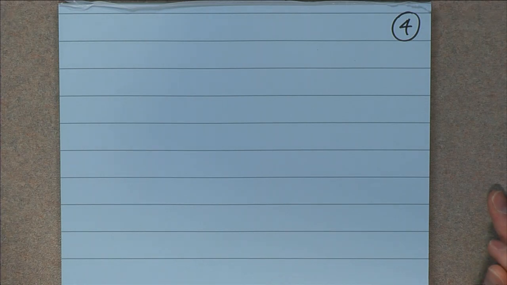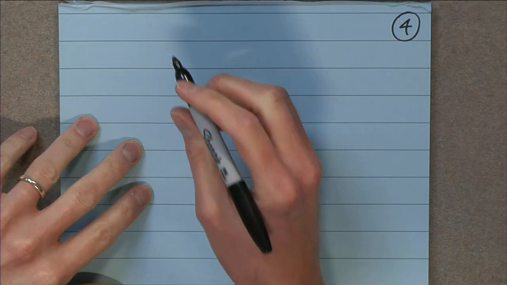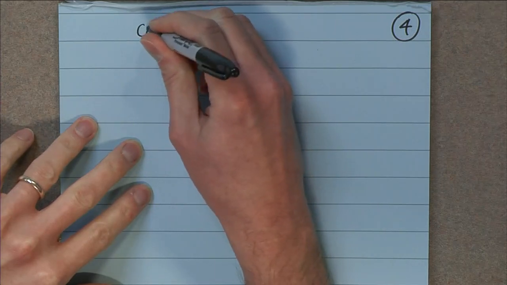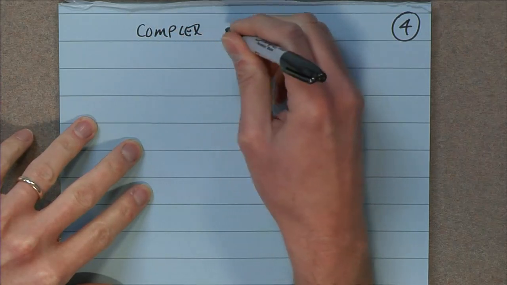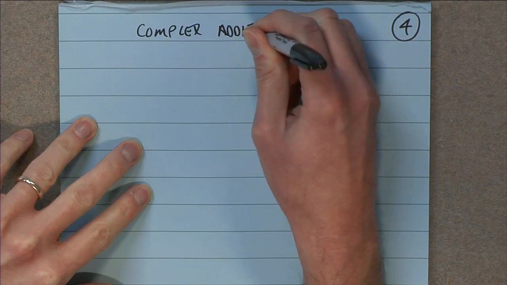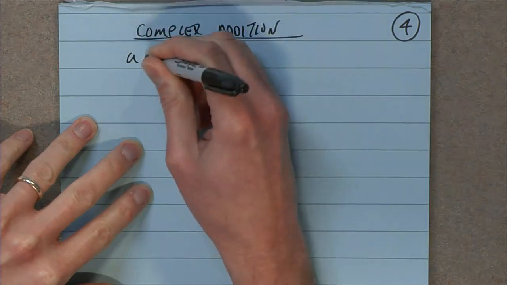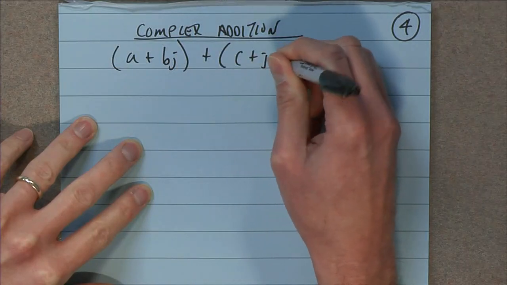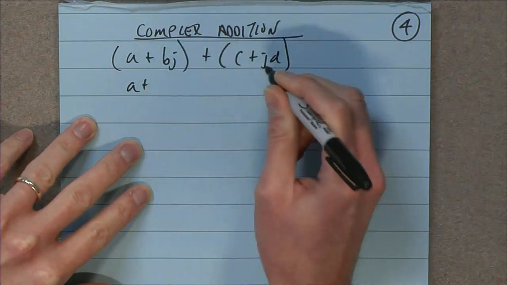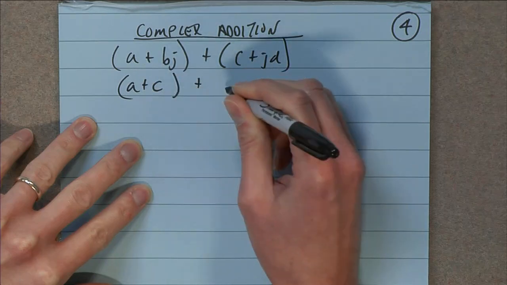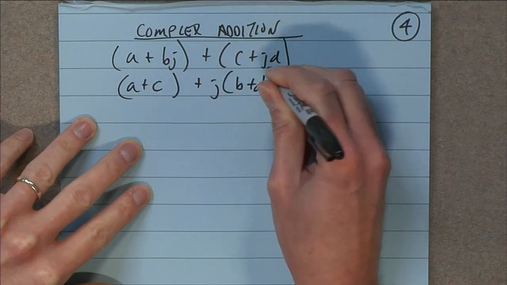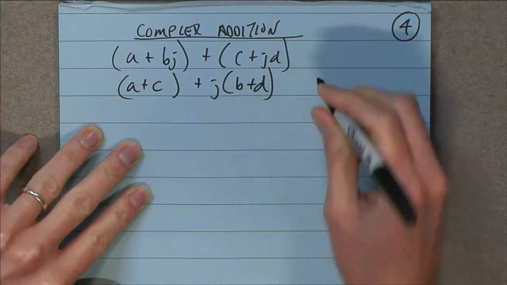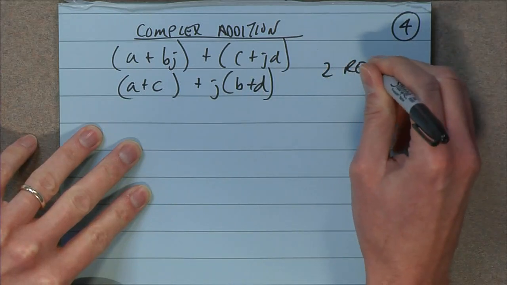So let's see. For complex addition, you've got the same situation. If you have A plus JB and C plus JD, and you want to cash this out, it's A plus C, B plus D, so it's going to be 2 real adds.